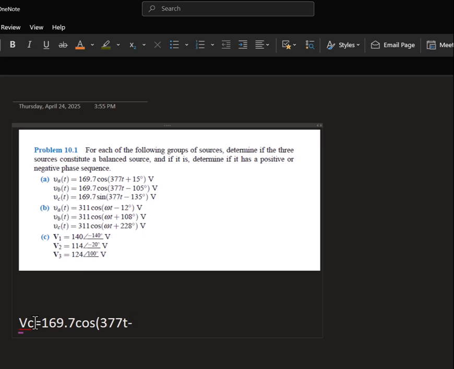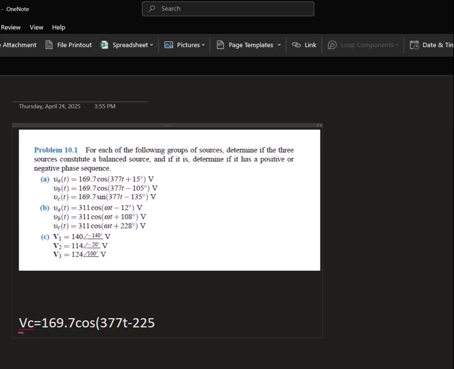And if I subtract 90 from that, I get 225 degrees. And then if we check negative 225 minus 105, that is negative 120, so it does go.